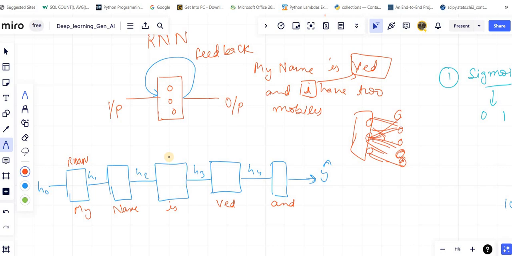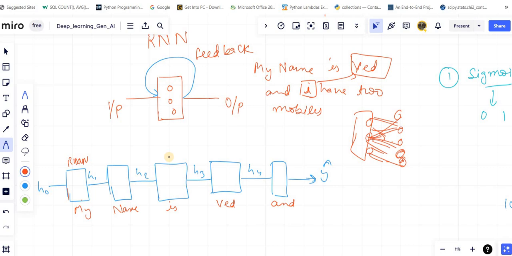RNN is not only neurons. It has neurons, but I'll explain what exactly is inside the RNN; I'm just giving a high level first to understand its workflow. Yes, this is a neuron, but with some other calculations as well.